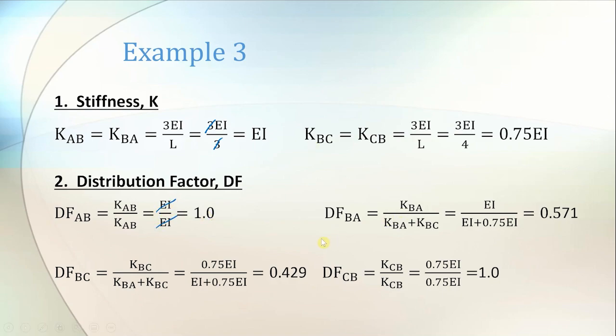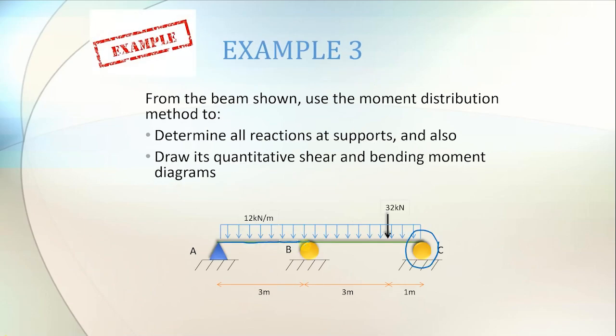For distribution BA, the stiffness is KBA, divided with total stiffness at support B. So at support B, if you look at the figure, we have beam BA and beam BC. That's why you divide with KBA plus KBC.